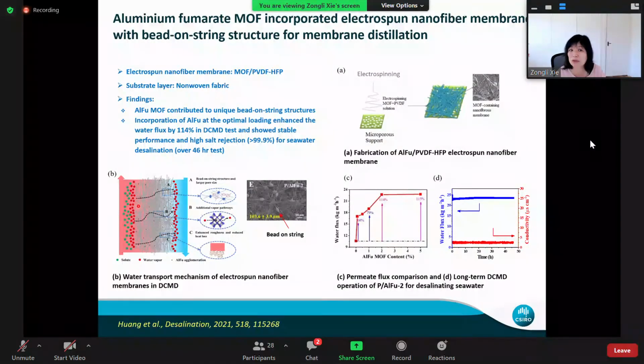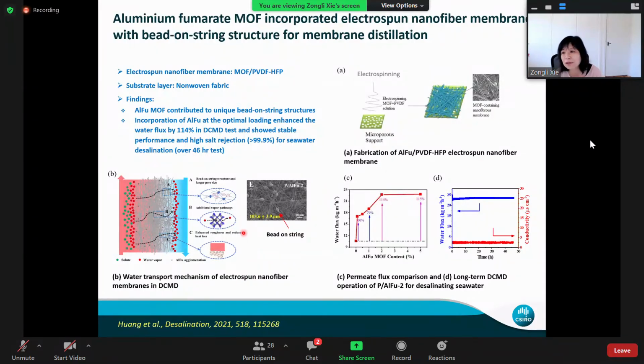The other reason we chose aluminum fumarate is that it's one of the cheapest MOFs and has been scaled up using CSIRO's patented flow chemistry technology. In this work, we explored how the aluminum fumarate is able to change the membrane performance.